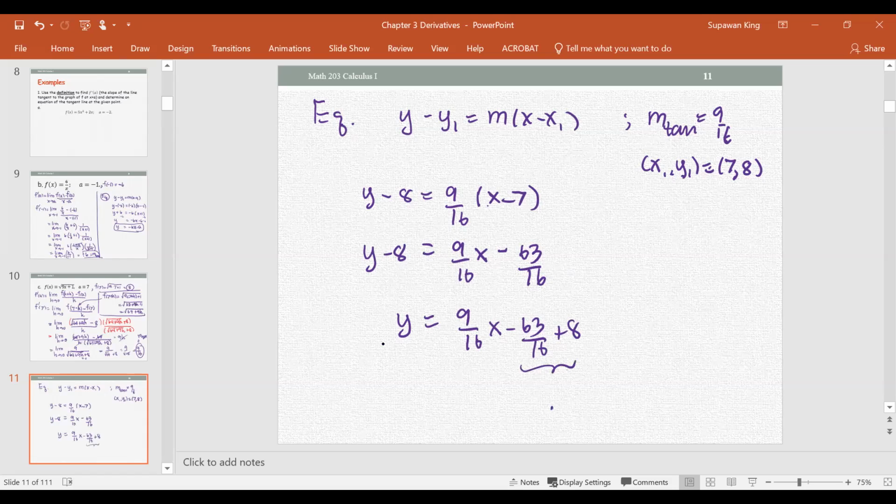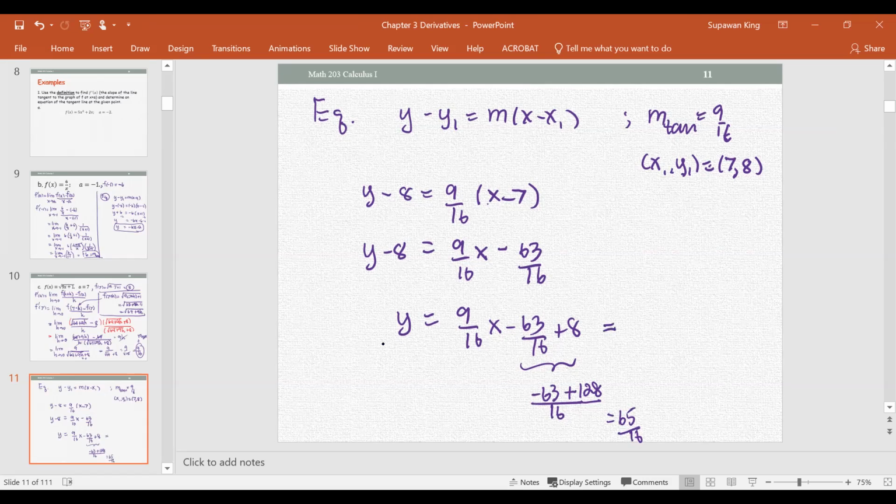These two numbers have a common denominator 16: negative 63 plus 128 divided by 16, which gives us 65 over 16. Therefore, the equation of the tangent line is y equals 9 over 16x plus 65 over 16.